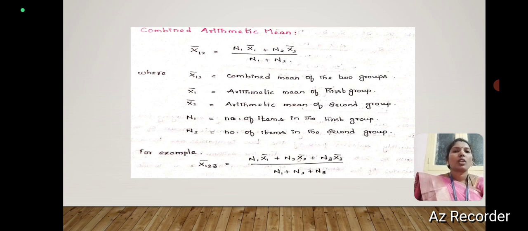So suppose 3 arithmetic means are given, then the formula can be replaced as x123 bar equal to n1 x1 bar plus n2 x2 bar plus n3 x3 bar divided by n1 plus n2 plus n3.